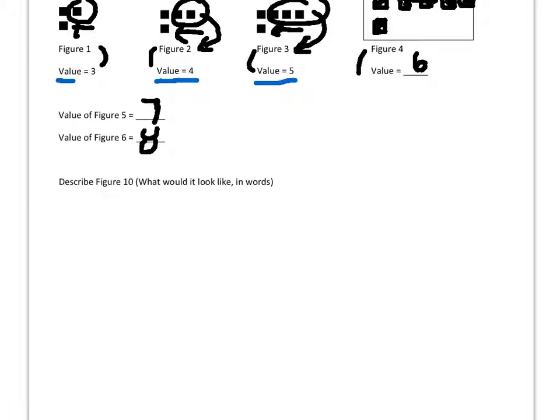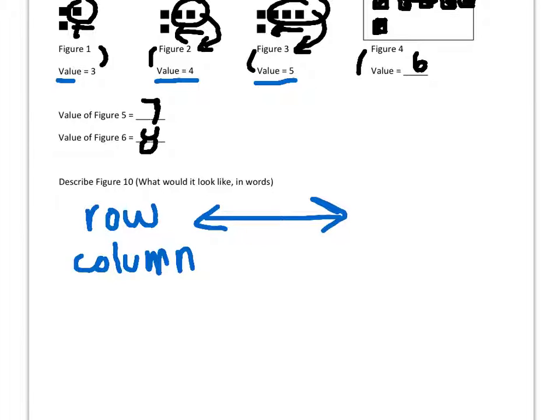So when you're describing what these figures look like in words, it's important that you use the word row and column when they apply. A row goes side to side, and a column goes up and down. So when I describe what the 10th figure would look like, well, it's going to have 12 tiles.